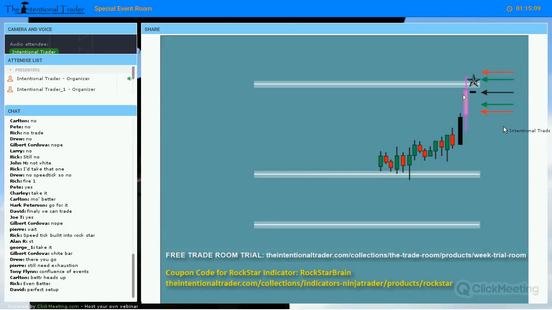This gives us a quick visual reference of where the bar opens. If we were buying, where the target would be, and the stop would be here. If we were selling, the target would be here, the stop would be here. Quick visual reference. So if that bar opened right there, our OTS is going to tell us that bar opened behind or on and has resistance behind it, and we have a Rockstar.